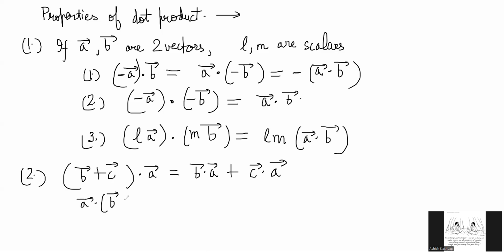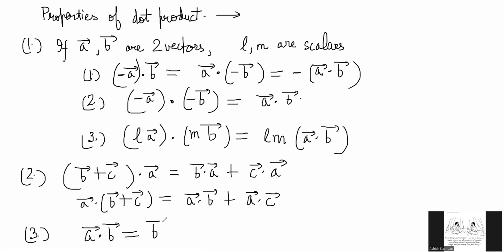A dot B plus C would be equal to A dot B plus A dot C. The commutative rule is also true for vectors. So commutative property means A dot B is equal to B dot A. The dot product of two vectors is commutative because it's a scalar quantity and the value of both of these is AB cos theta, right? So obviously that will be commutative.